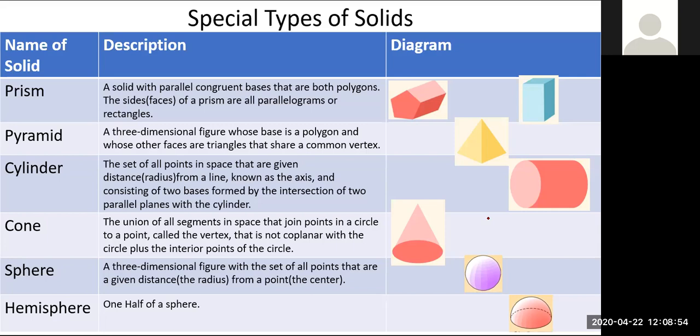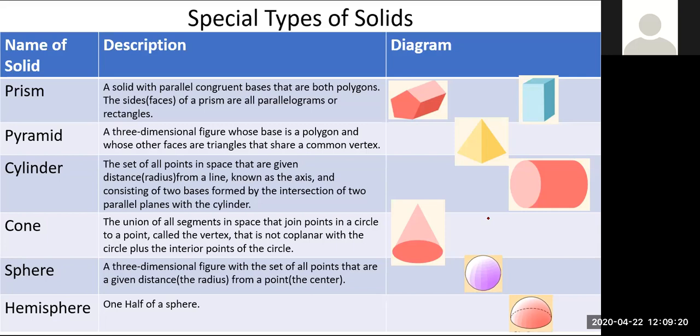For a pyramid, you only have one base, you have a vertex at the top, all the other sides besides the base have to be triangles. But again, the base can be anything else. And you name those two shapes, the prism and the pyramid, based off of whatever the base is. So on the diagrams I have showing there, you have the two prisms, a pentagonal prism and a rectangular prism. For the pyramid, you have a square pyramid.